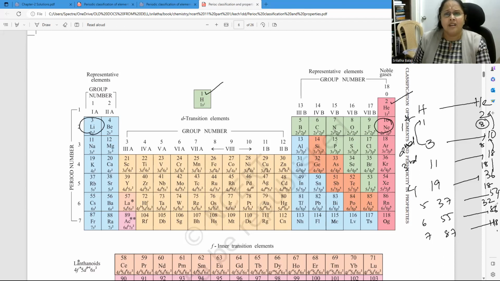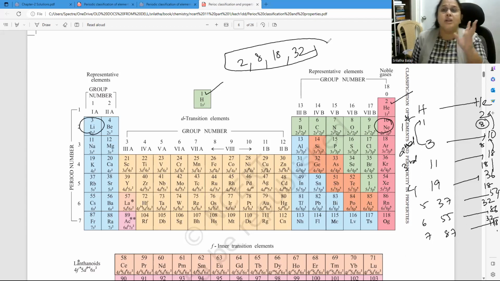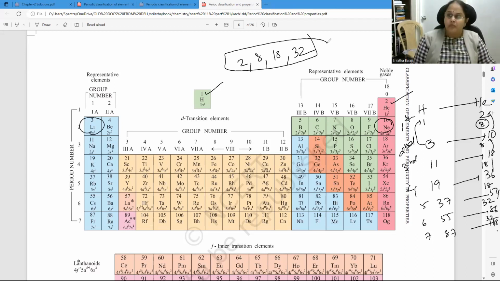Is it that difficult? Again, 32 elements. So this 2, 8, 18, 32, we call them magic numbers.